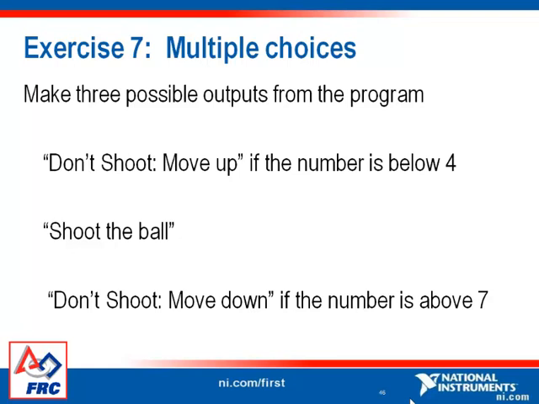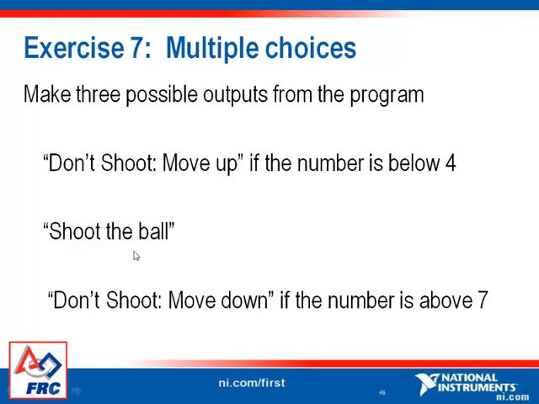If it's too high, I want to say don't shoot, move down, if the number's above 7. If the number is below 4, I want to say don't shoot, move up, because it's too low. And if the number is in between 4 and 7, I want to say shoot the ball.